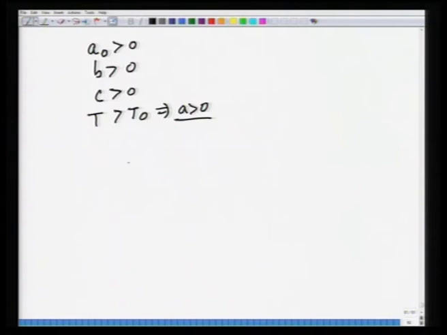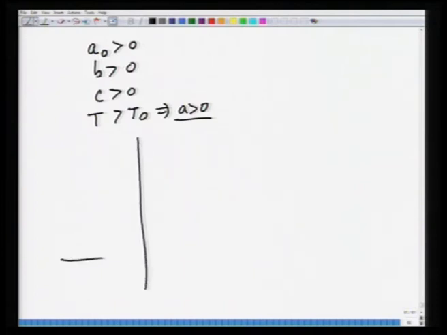So for B equal to 0 and C equal to 0, this is the condition when T is greater than T naught. Then what it would mean is that basically A is also greater than 0.